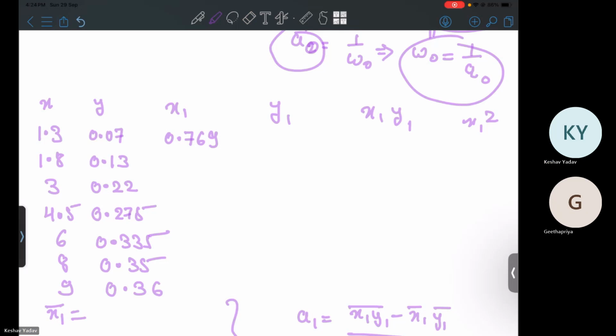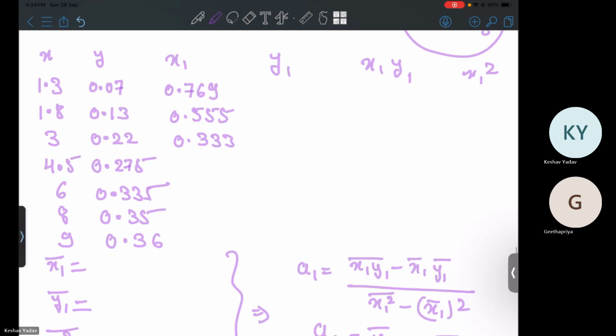Then 1.8 inverse will be equal to 0.555. Now 3 inverse is 0.333. Now 4.5 inverse will be equal to 0.222. Are you able to hear me?